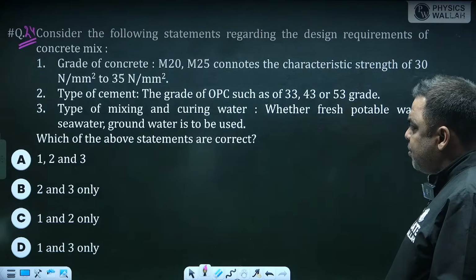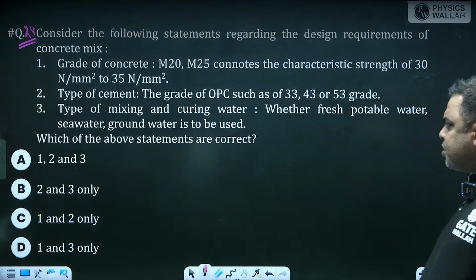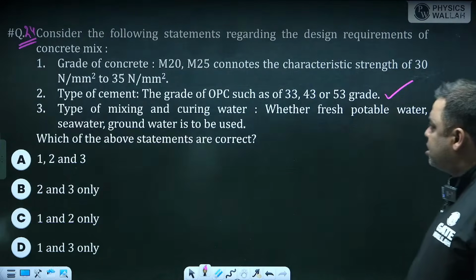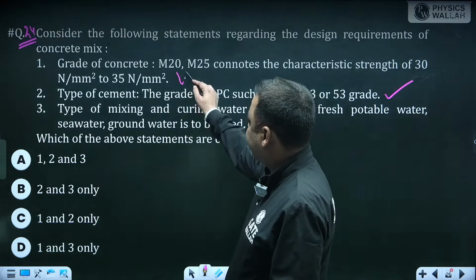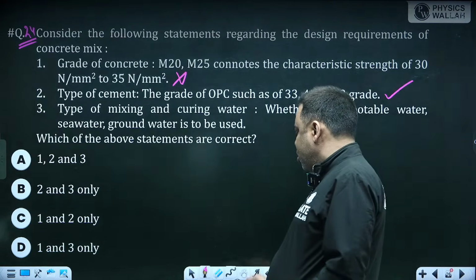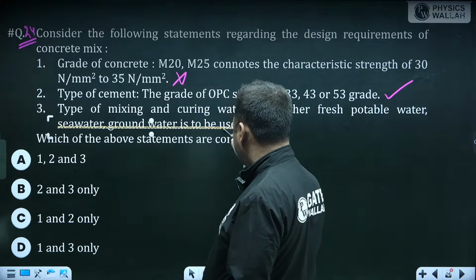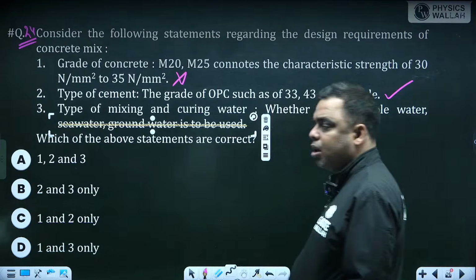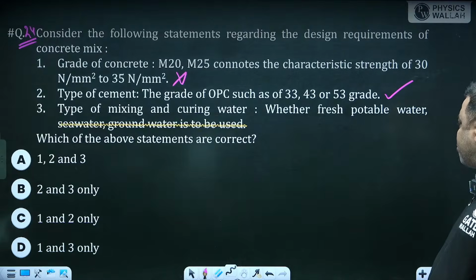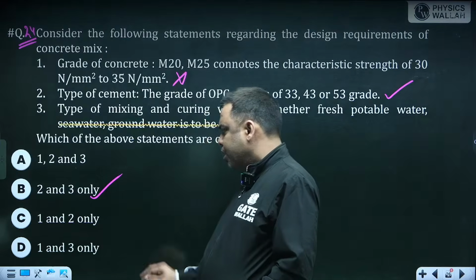Why is this line coming? Sea water or groundwater is to be used. See, in this question, this is the only right answer. This is wrong. Sea water is not allowed. Groundwater is also not allowed, it is only allowed if it fits the parameter. So if we don't have sea water and groundwater, then the answer is option B. Do you agree with me?